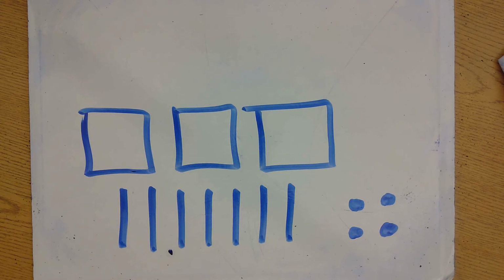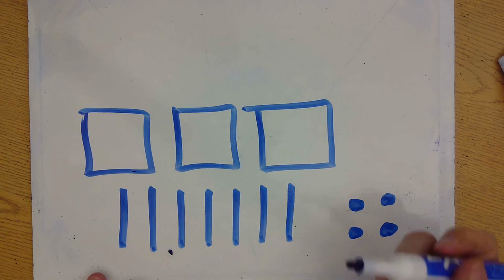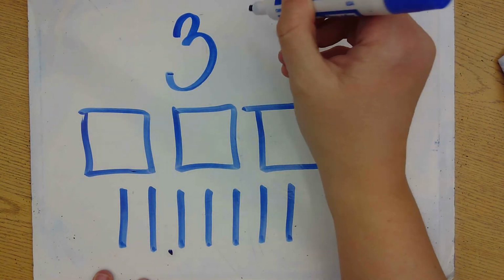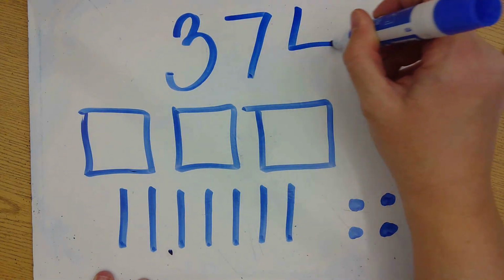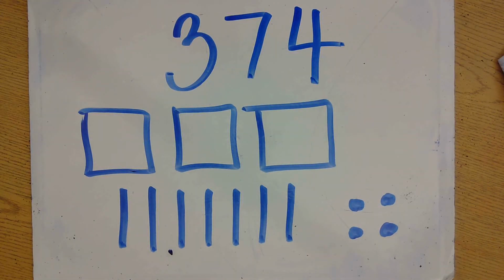How many hundreds do you see? How many tens do you see? How many ones do you see? If you said that this number was 374, you are correct. Great job.